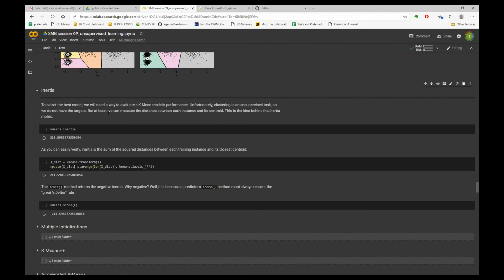So how far away is the distance between the point and the center of the centroid that it belongs to, right? So you calculate that with the inertia object, all right? And that in this case is 211.